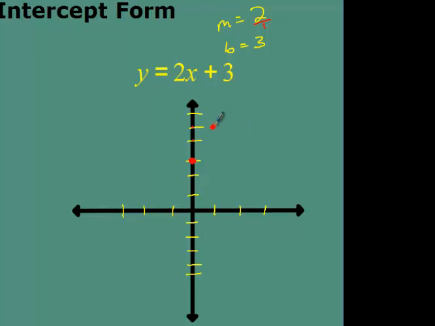Now, do I really have enough room to go up 2 more and 1 over? No. So what do we know about a negative divided by a negative? It gets you a positive. So is my slope positive here? So what would happen if I go down 2 and 1 to the left? Do I still get the same values? Yes. So that's what I'm going to do: go down 2, go 1 to the left, and get my third point. Everybody okay with how I'm building this?